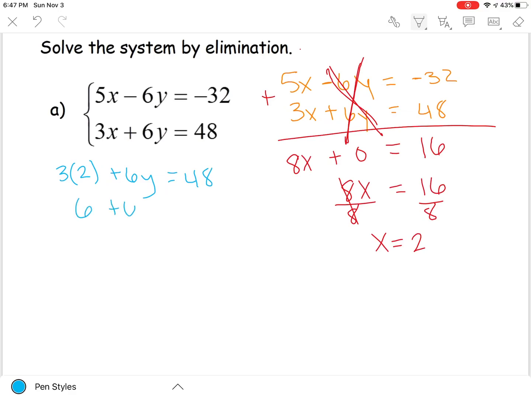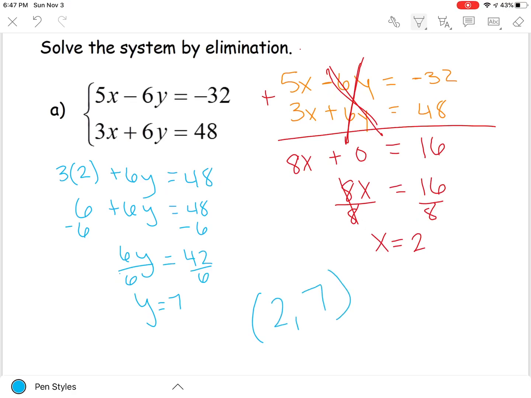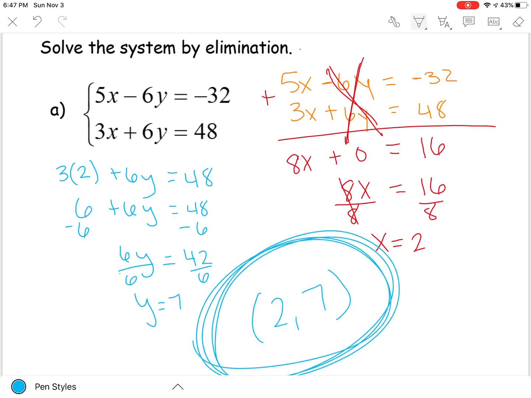Well, 3 times 2 is 6, plus 6y equals 48, and then we just solve using our inverse operations. When 6y equals 42, we can divide by 6 on both sides to get y equals 7. So our one solution is x is 2 and y is 7, the ordered pair 2, 7.